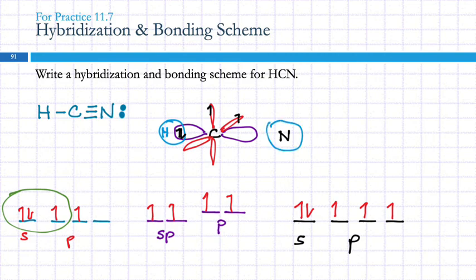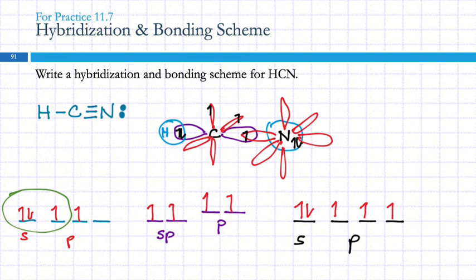The s orbital has a lone pair in it. You don't have to show that in your drawing. It makes things a little more difficult. And then it has 3 p orbitals. So 1 goes this way, and 1 goes this way, and 1 goes in and out. And each of those has 1 electron.